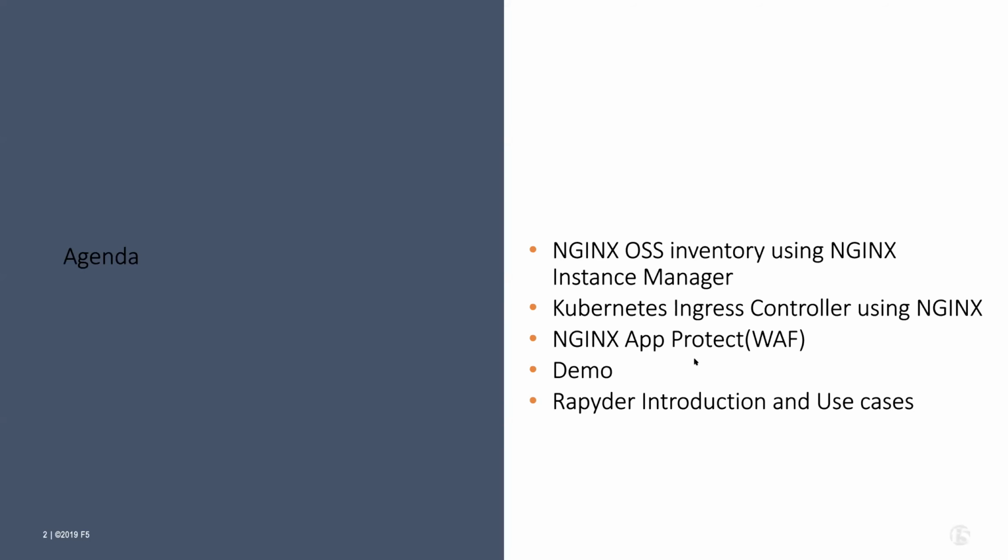Also, how we can use NGINX as an Ingress controller in Kubernetes, and how we can use WAF capabilities of NGINX as part of NGINX App Protect. Then if time permits, we can go through a demo. Then we will also cover what Rapyder has done along with NGINX, the use cases that we have worked on, and then move into the Q&A session.